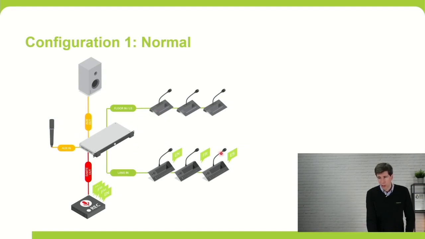And also at the same time having languages, so interpretation languages available in the system that can be recorded each individually on a Dante channel so that you can send them to an external recorder. So it's really important to know that even without having the license for audio routing, you can already route the languages individually to a recorder.